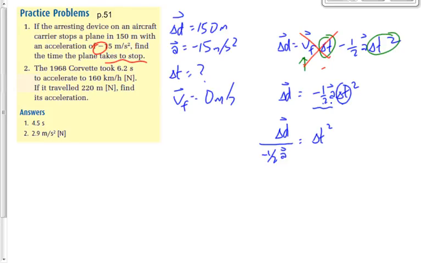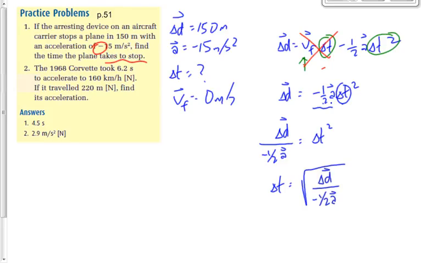Then what do we do to get the T by itself? Square root it. So the equation becomes this. It looks a little bit ugly, but it's still valid. T equals the square root of D over negative 1/2 A. Is that okay? Does the rearranging of that equation make sense to you?